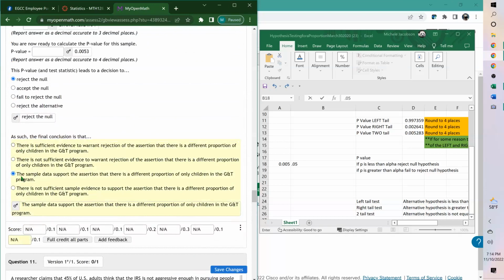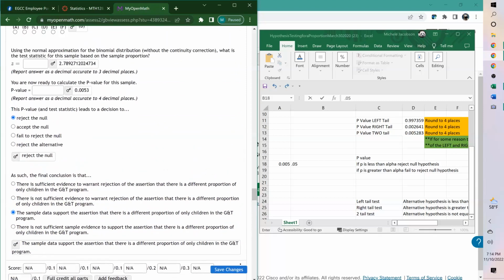Yeah, I think they're both saying the same thing. Because normally, if you reject the null, you're accepting the alternate hypothesis because there's sufficient evidence. Okay, so both of those to me mean the exact same thing.